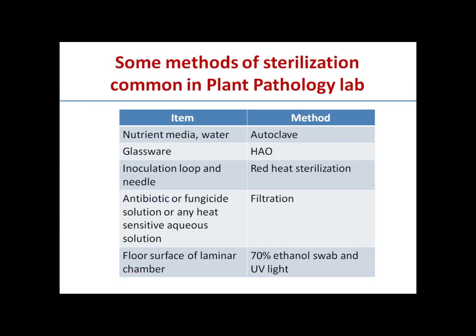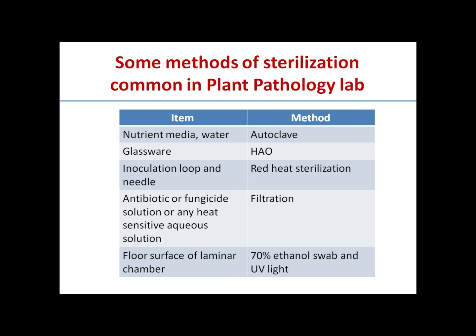Now, here we have a list of some items which are sterilized in a plant pathology lab, and the methods followed. For media, nutrient media and water, the method followed is autoclaving or moist heat sterilization.